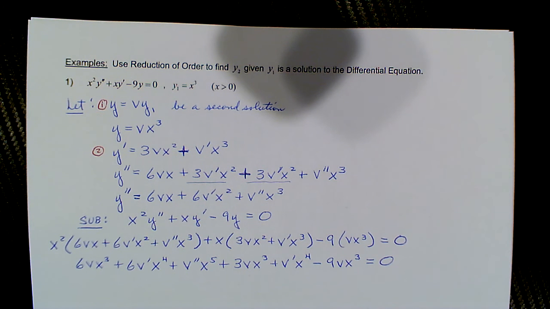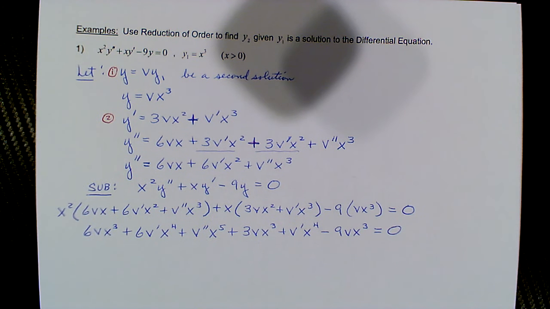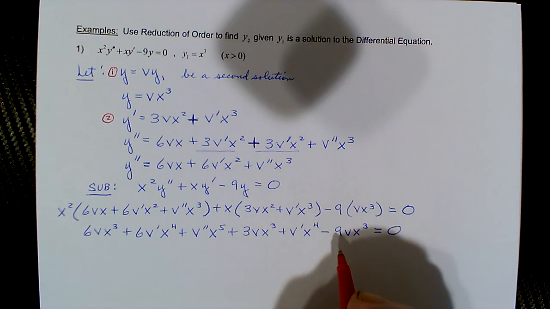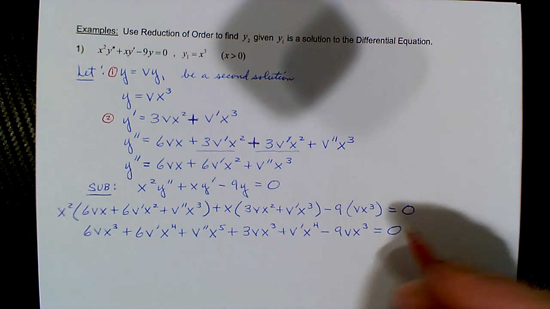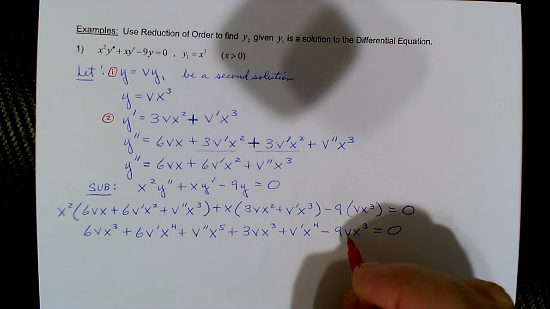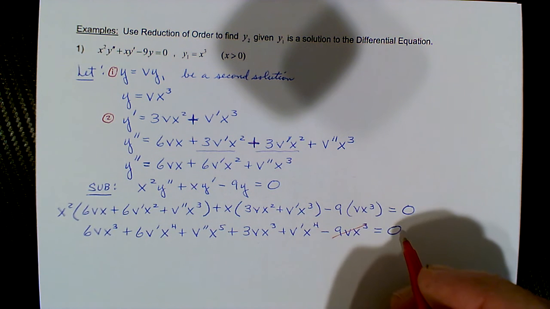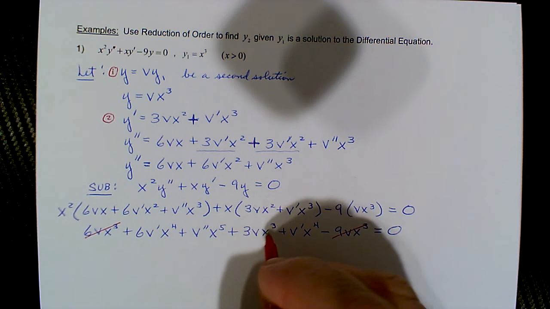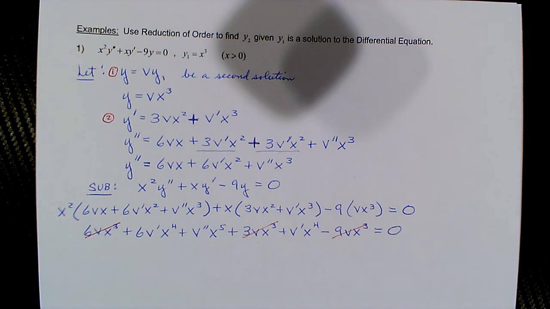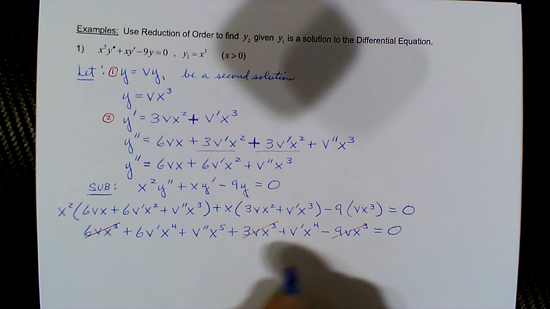But now this will happen every time, and we had actually proven it on our previous page that the v's are going to vanish, and that's why we choose v. Well, not really, but they will always vanish. That is, this negative 9vx cubed goes away with the 6 and the 3 of them, so that what happens is we no longer have an equation involving v's.